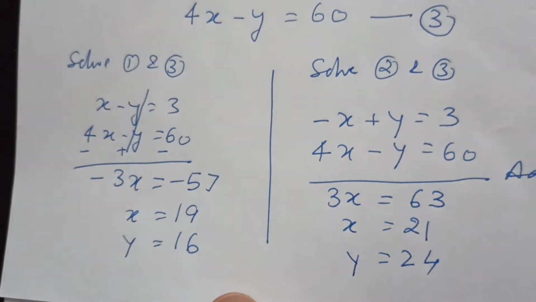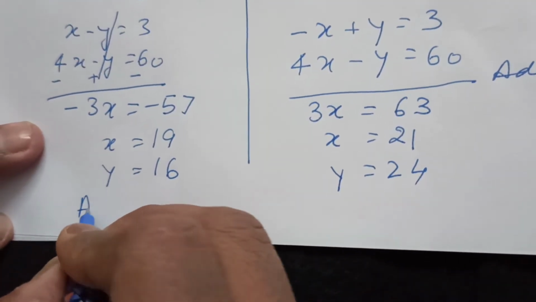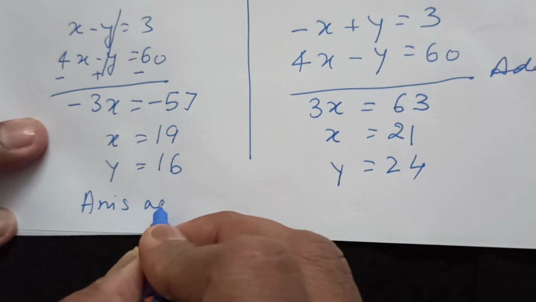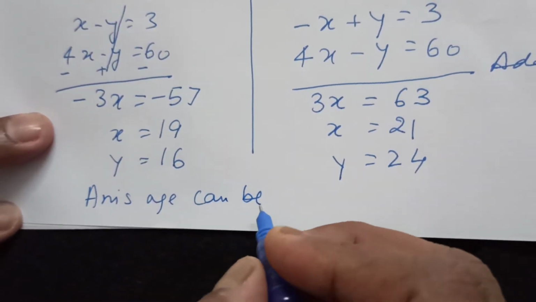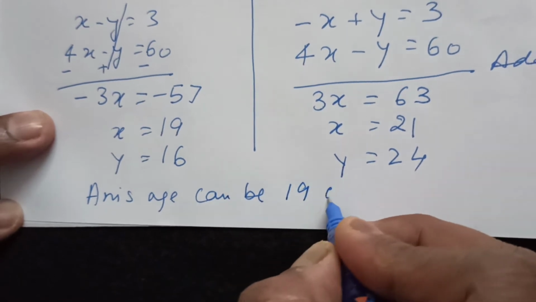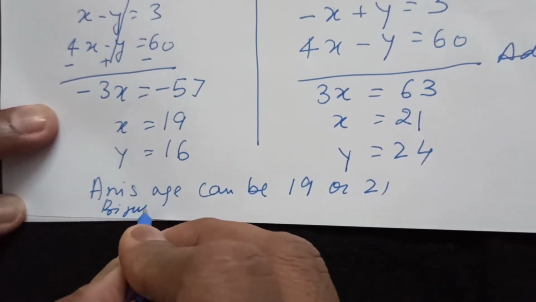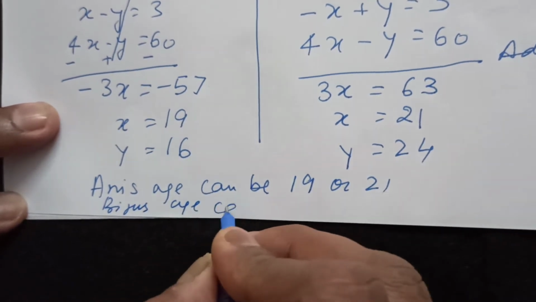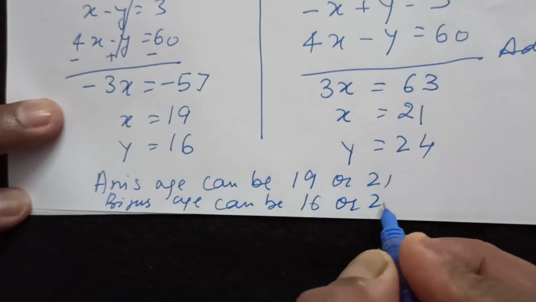So dear students, we have got two kinds of answers over here. So we will write: Ani's age can be 19 or 21, and Biju's age can be 16 or 24.